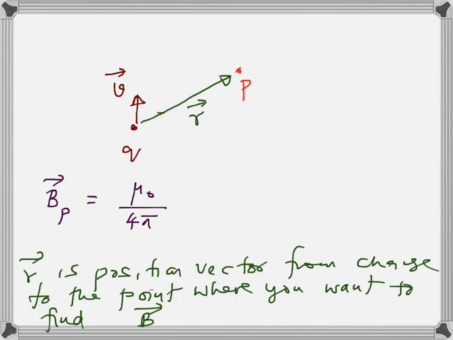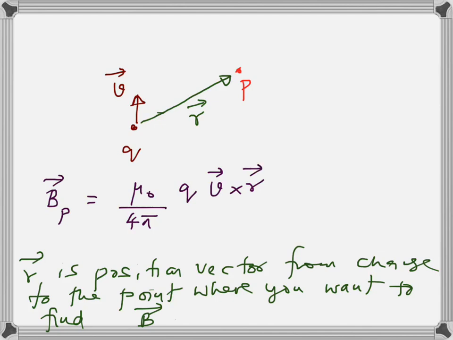In Coulomb's law you had 1 by 4 pi epsilon naught. I have something similar here, mu naught by 4 pi, some constant. We will soon talk about this mu naught by 4 pi's value, into Q. No doubt the magnetic field depends on the value of the charge. If the charge is more, the magnetic field has to be more. Into V cross R.